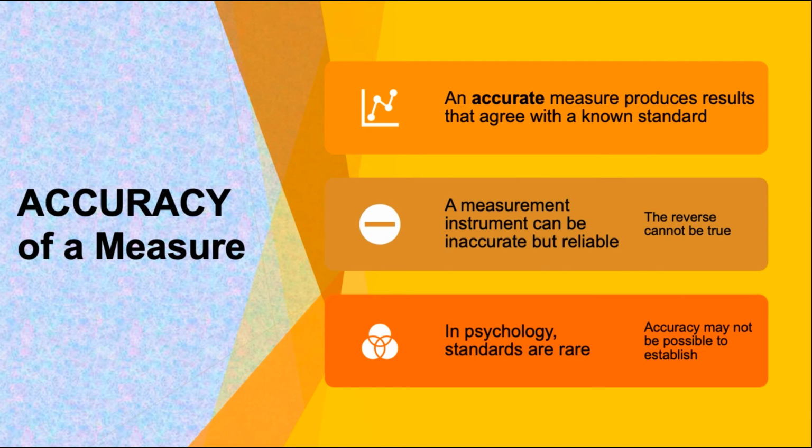Thus you can determine accuracy by measuring the standard a large number of times and computing the average. The measure is accurate if the average value equals the value of the standard. Any difference between this average value and the standard value is termed bias. Bias can be overcome either by adjusting the measuring instrument to eliminate it, or if this is not possible, by mathematically removing the bias from the measured value.